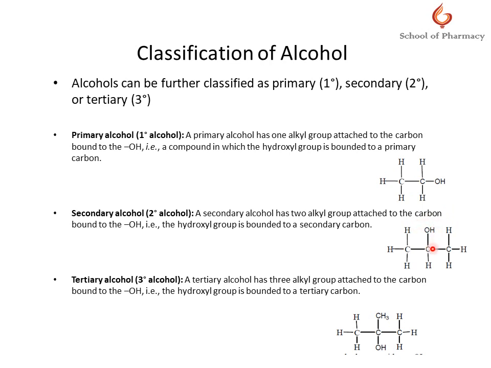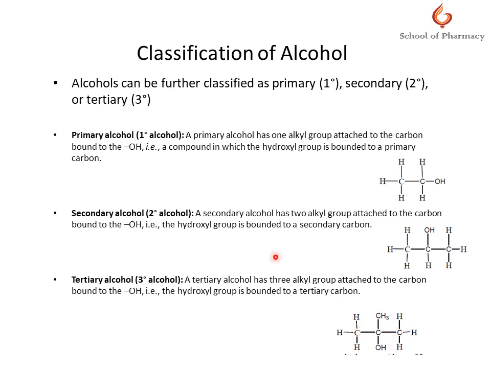Now if the functional group is present on this carbon, and this carbon is surrounded by 1 and 2 carbons, that means it is a secondary carbon. Here it is a tertiary carbon, because the hydroxyl group is attached to this carbon, and this carbon is surrounded by 1, 2 and 3 carbons, that means it is tertiary.